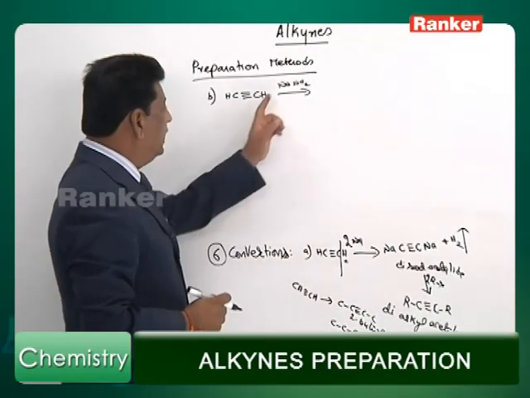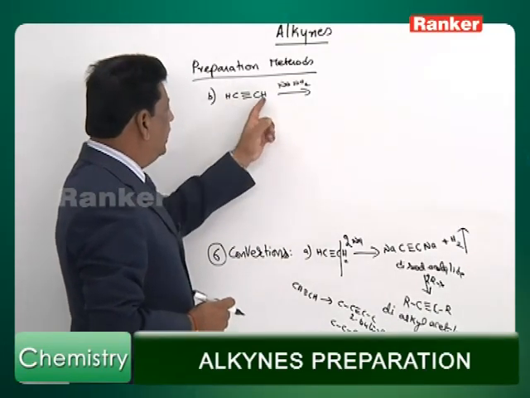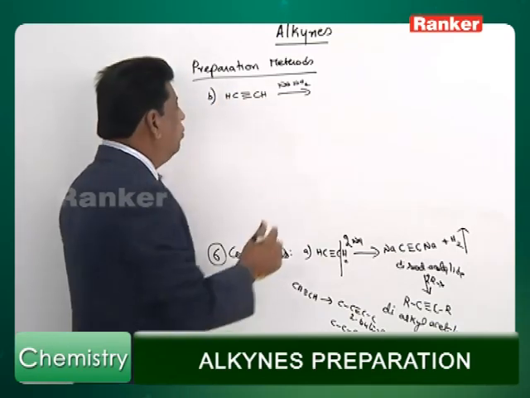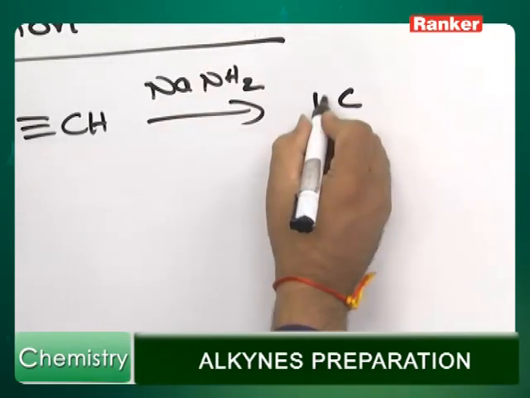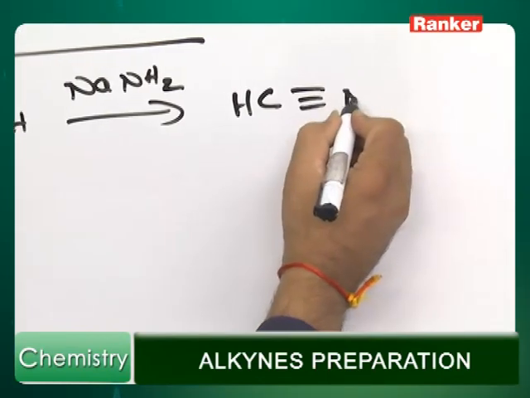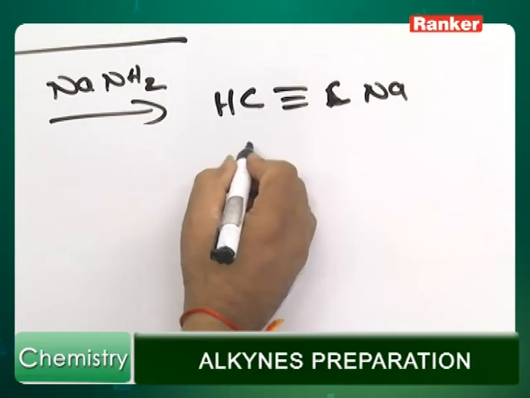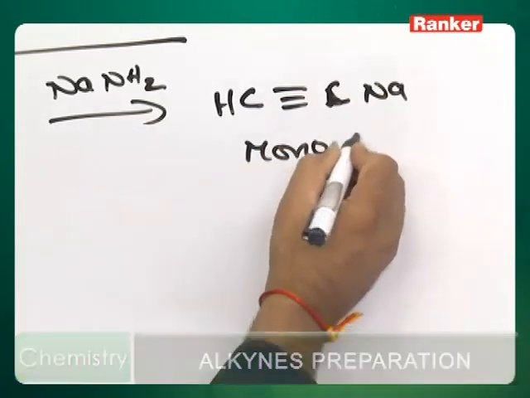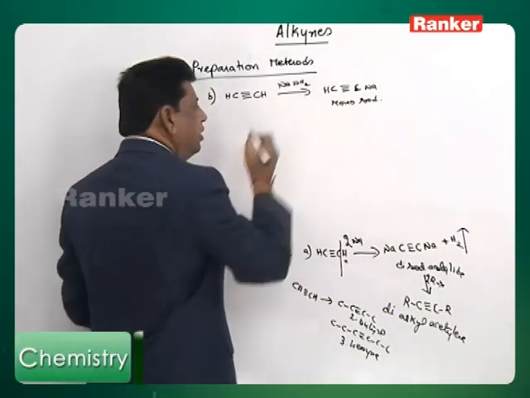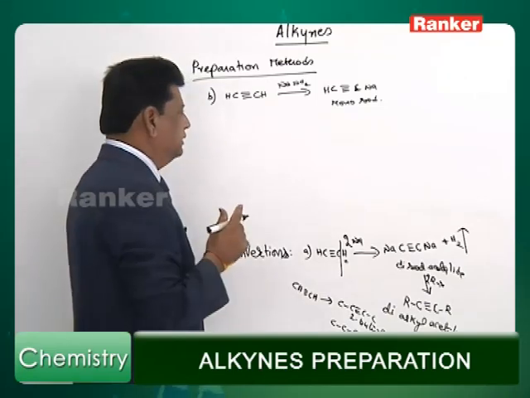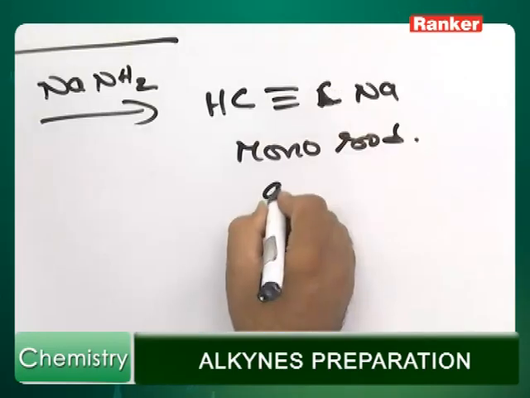Sodamide is found to be a little less basic than sodium. So, many books say that though there are 2 reactive hydrogens, only one side gets the metal, that is monosodium acetylide is formed. However, if excess sodamide is added, you will get it on both sides.